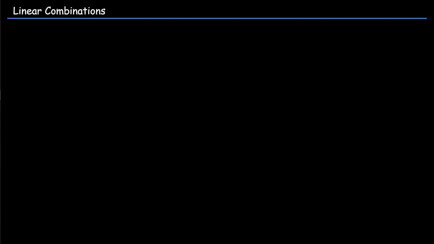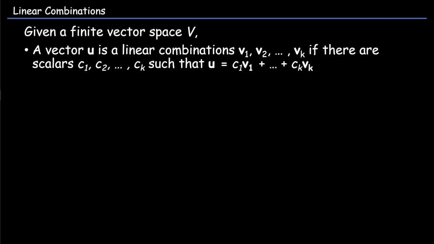We're going to first start off talking about linear combinations. Before we talk about linear combinations, we're going to work with a finite vector space that we're just going to call V. And we're going to let a vector U exist in that vector space.